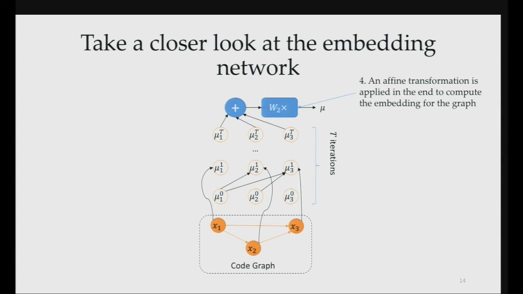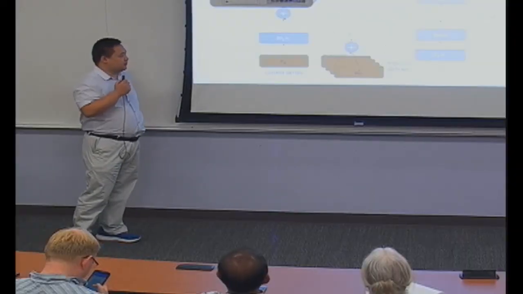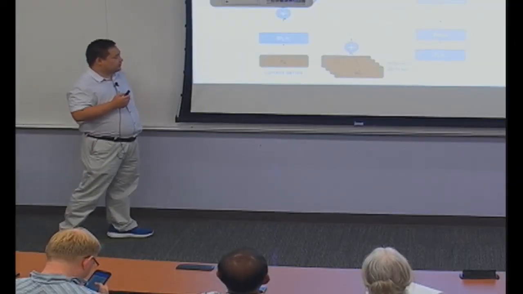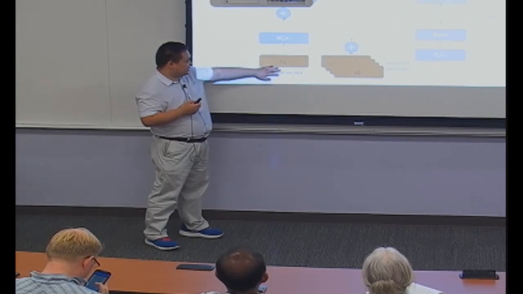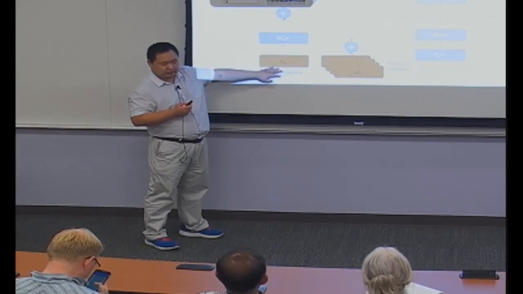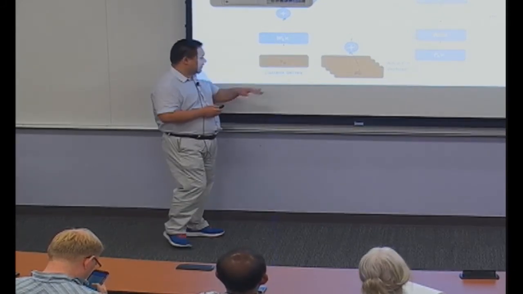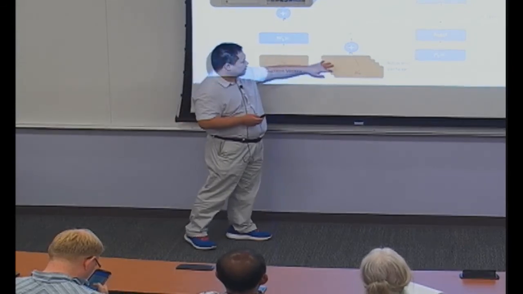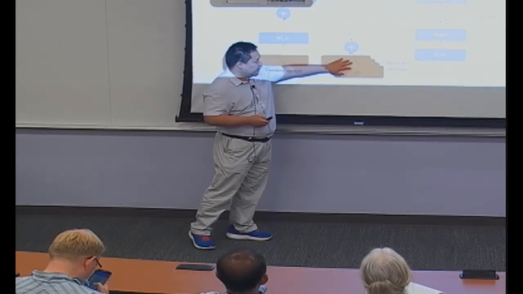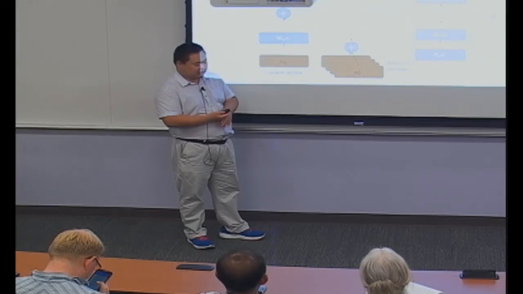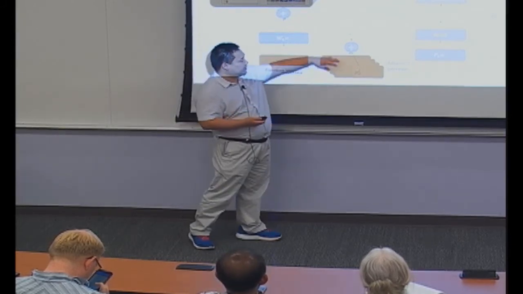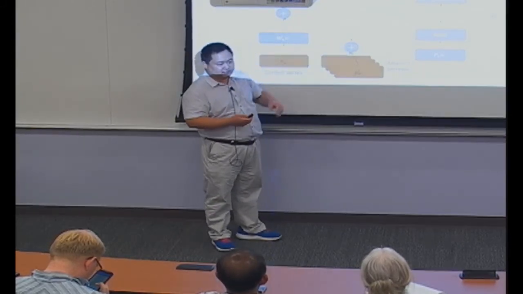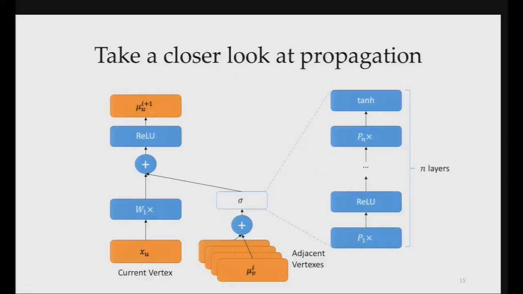Here there is a subtlety: how do we really do the propagation? For propagation, we assume that each vertex has an initial attribute vector xu, and then we aggregate all the adjacent vertex embedding features together and feed that into a multi-layer neural perceptron network.